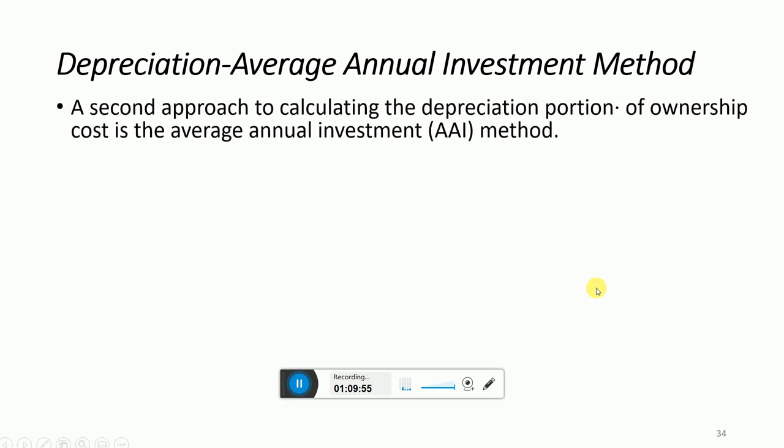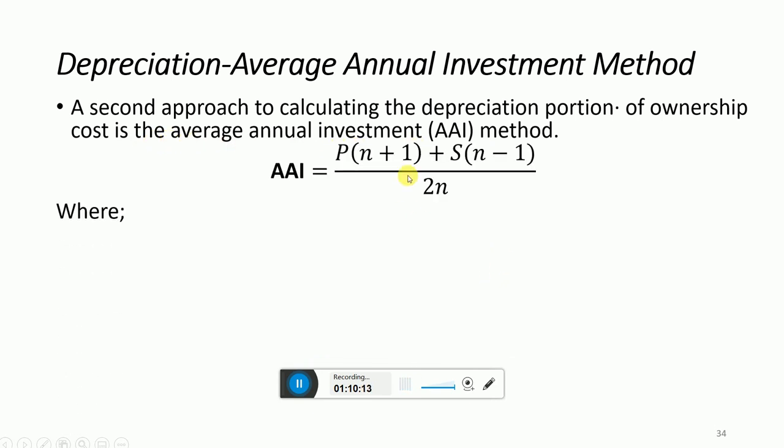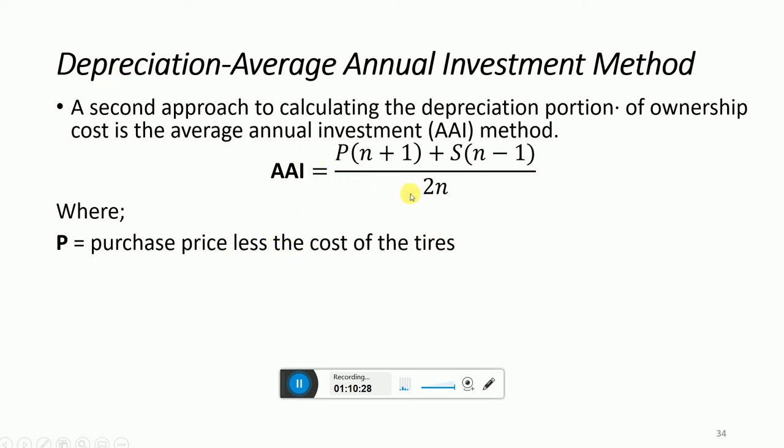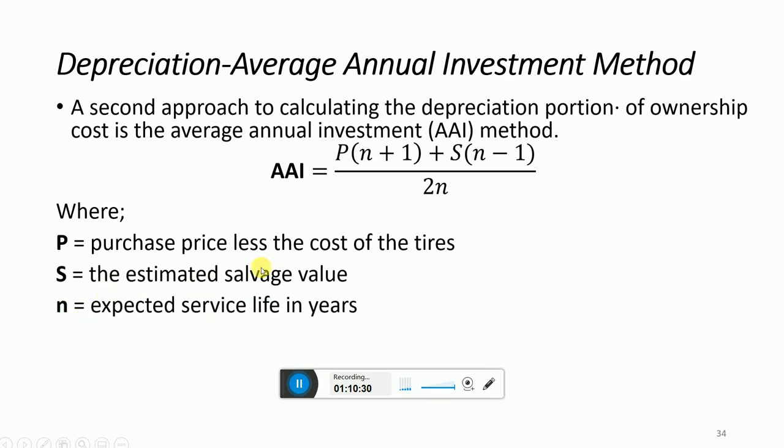The second method of the depreciation calculation is the average annual investment method. In this second approach, we have to calculate the depreciation portion of the ownership cost at the average annual investment. So we are going to use this formula for the average annual investment, where in this formula the P is the purchase price less the cost of the tires, as we have done in the previous case, and S is the estimated salvage value.